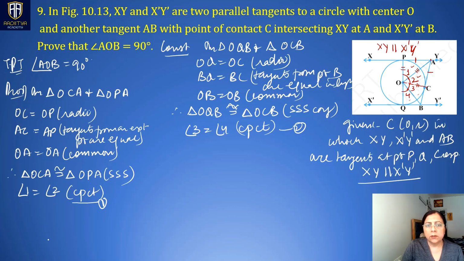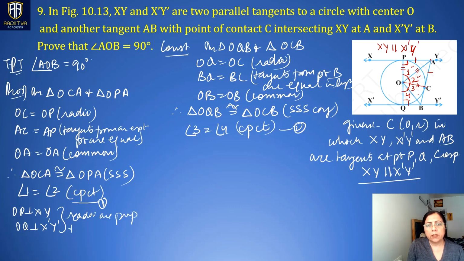See, OP is a radius to the tangent XY, and OQ is the radius to the tangent X'Y'. OP is perpendicular to XY and OQ is perpendicular to X'Y', because radii are perpendicular to the tangent at the point of contact.